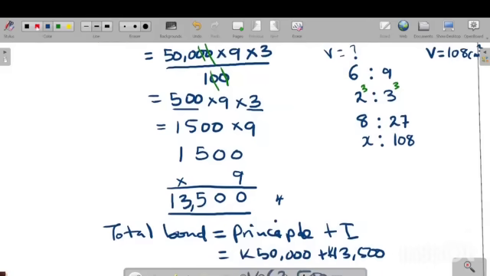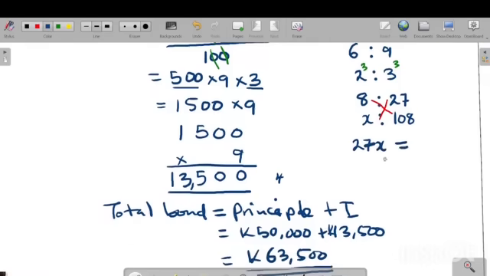So now you are going to cross multiply. You're going to say 8 times 108 is equal to 27x, so 27x is equal to 8 times 108.